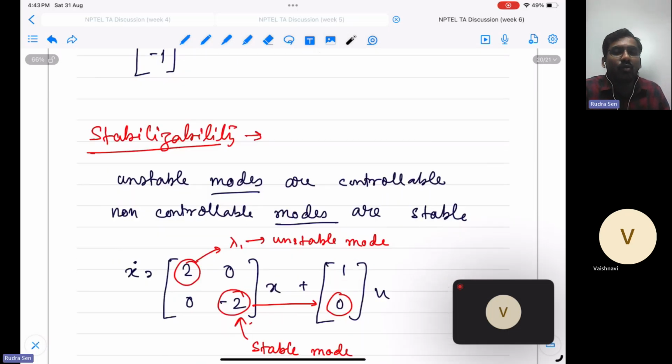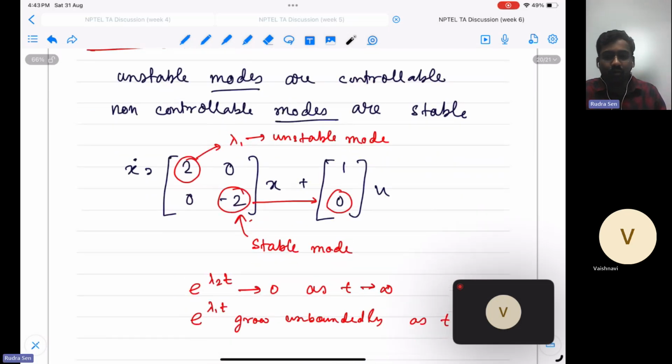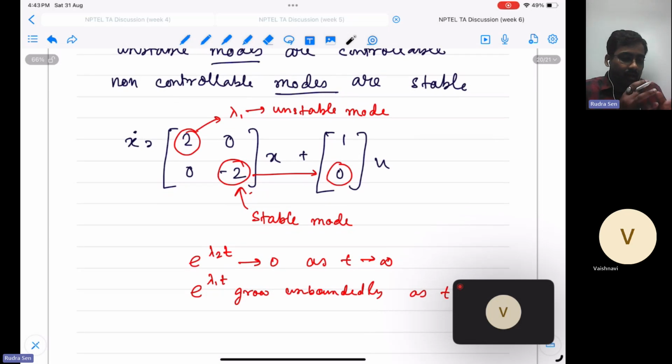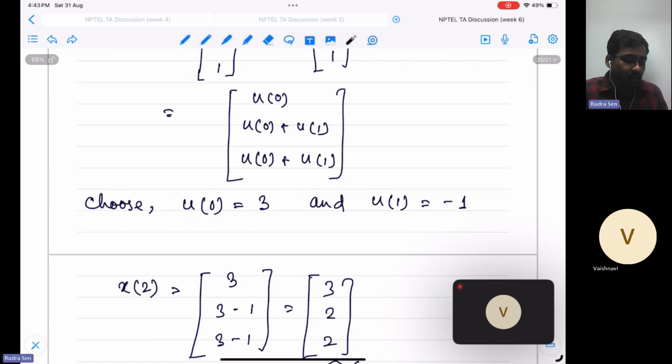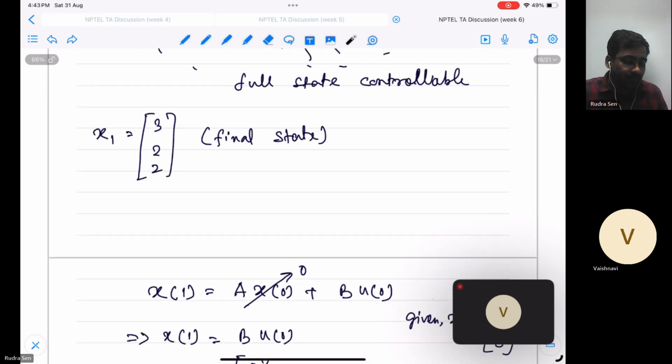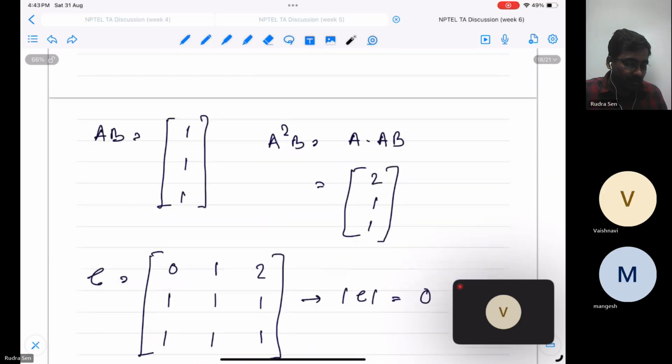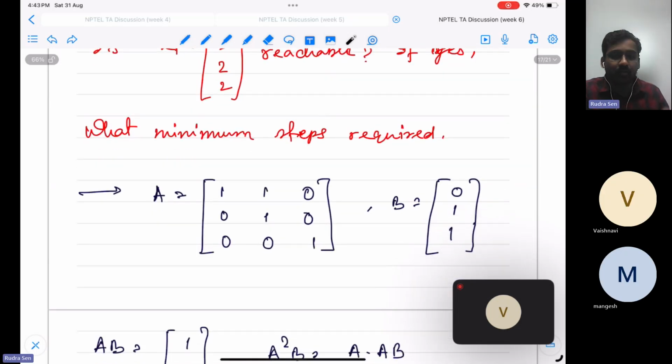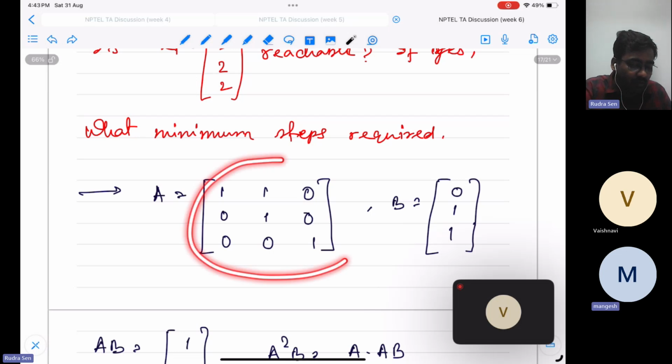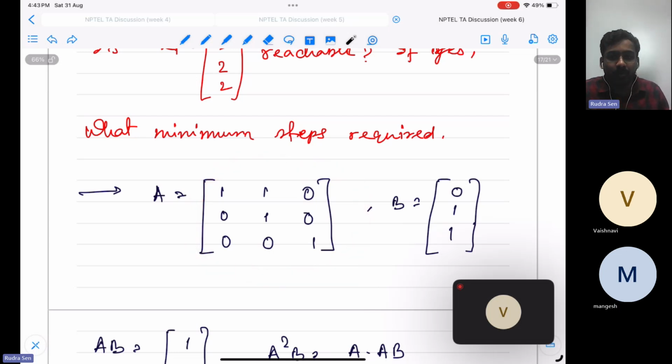Normally what we do is convert a system matrix into a controllable-uncontrollable format. That is not in the scope of your study right now. Let's say this is your system matrix, and we convert this system into controllable-uncontrollable format.